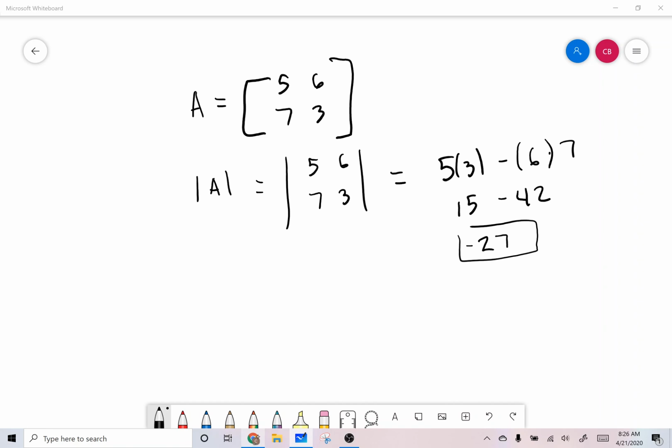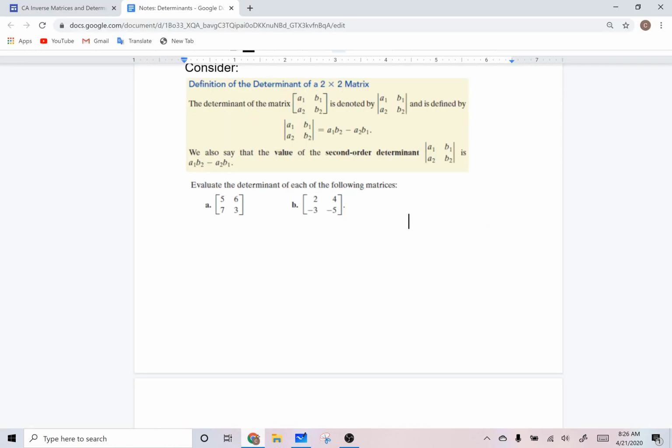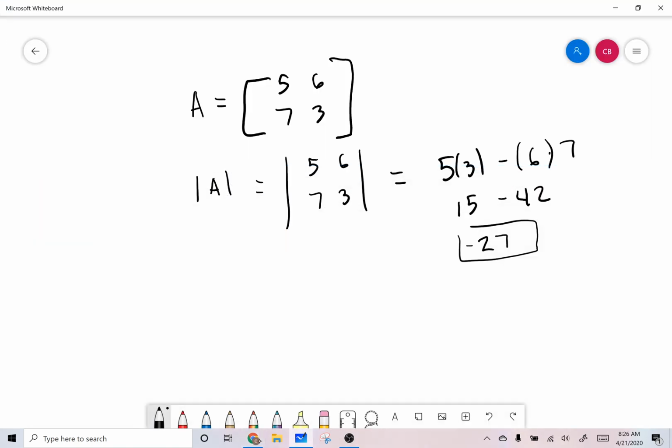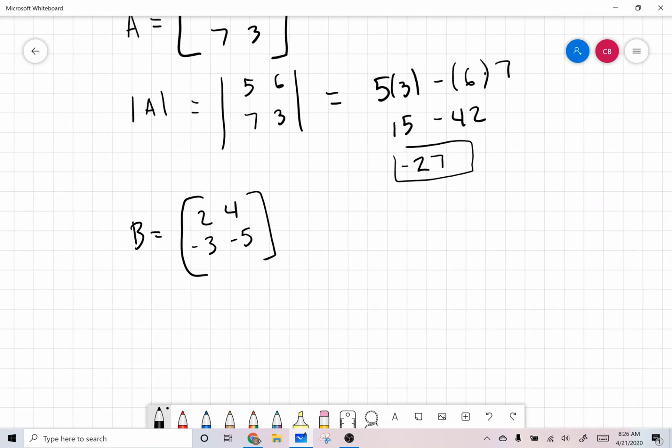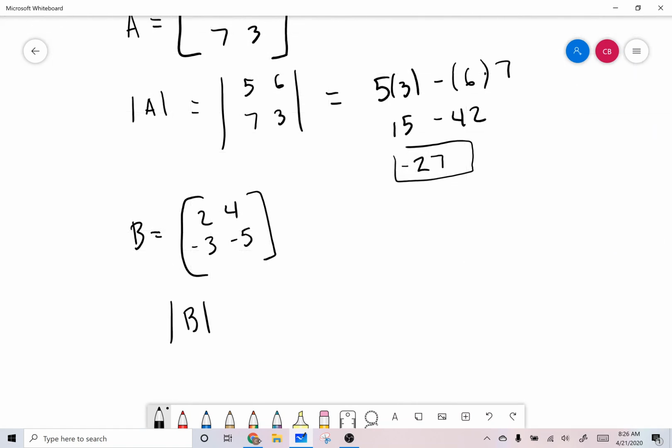And we'll do another one real quick. We'll do 2, 4, negative 3, negative 5. So we've got B. Then the determinant of B is equal to 2 times negative 5 minus 4 times negative 3.